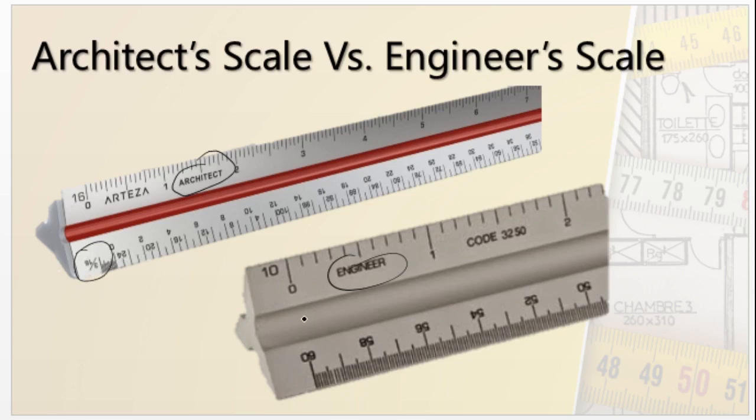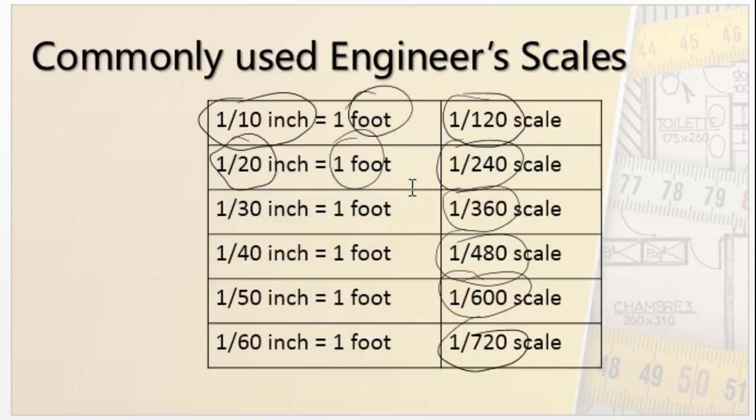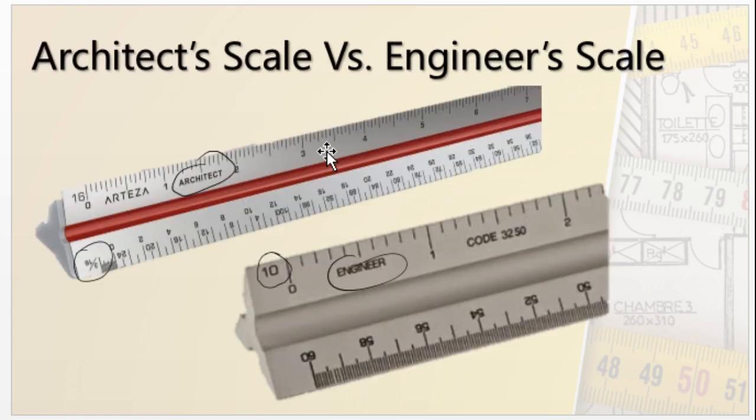And also in engineer scale you can identify by these things, 10. So just as we have seen there, 1 by 10 inch equals to 1 foot, 1 by 20 inch equals to 1 foot. That's how you can quantify the scale, identify different scales.